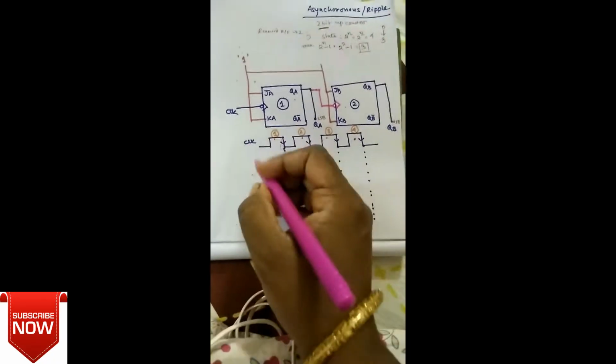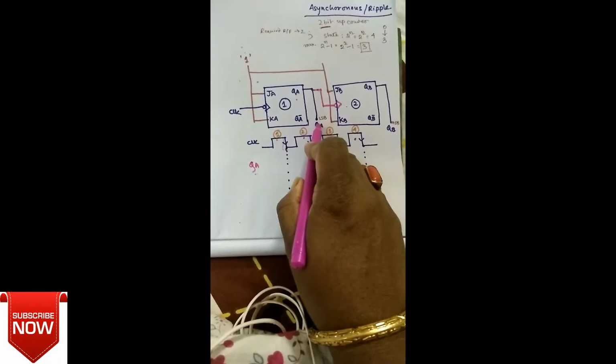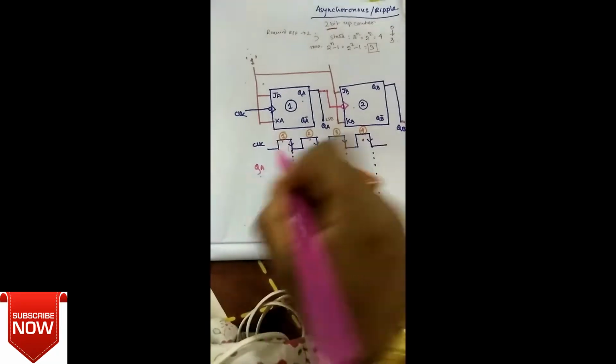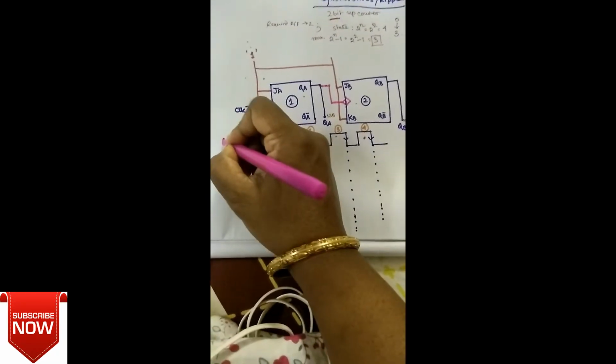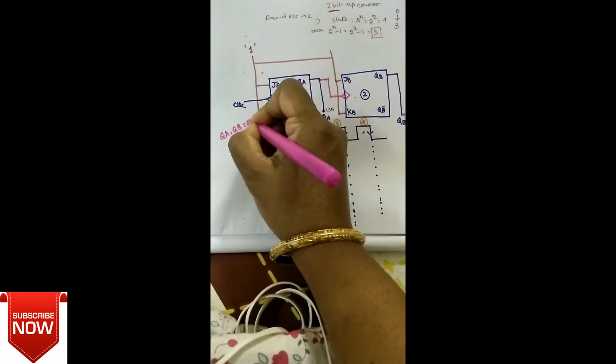I have marked this stage as 1, this as 2, this as 3, and this as 4. Now we are looking at the output QA. I assume that initially QA and QB are in the 0 state.